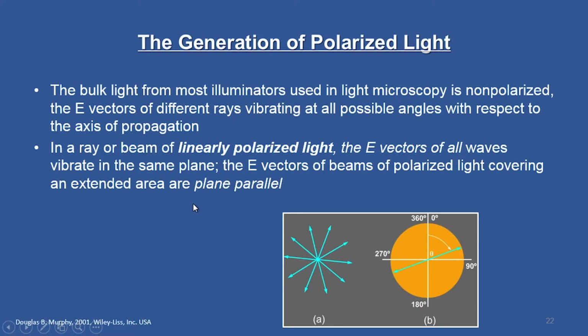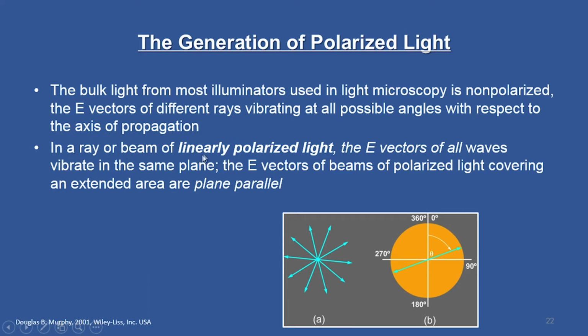First, we will introduce what is polarized light, and then we all know that the bulk of light from most illuminators used in light microscopy is non-polarized. That means the electric vectors of different rays vibrate in all possible angles with respect to the axis of propagation.